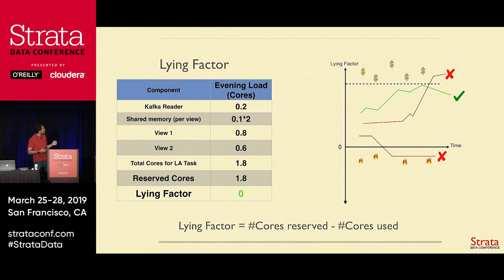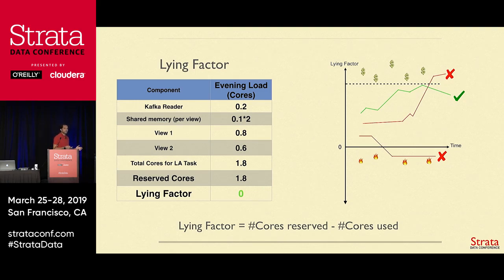So what we ended up doing was, we defined a metric which we call the lying factor. And the lying factor is the difference between how much resources you are reserving for a container and how much resources the container is actually using. So reserved minus actual.